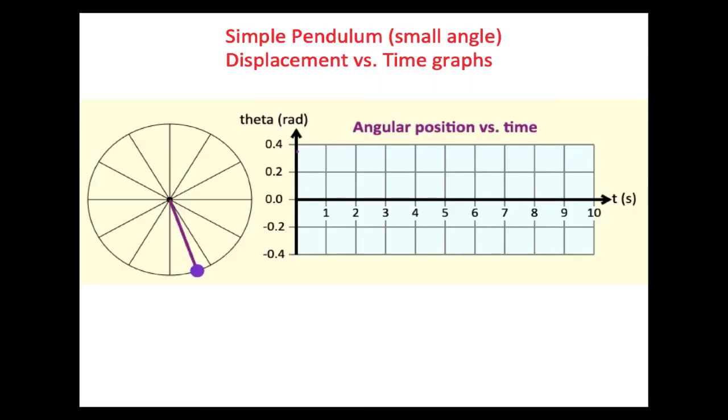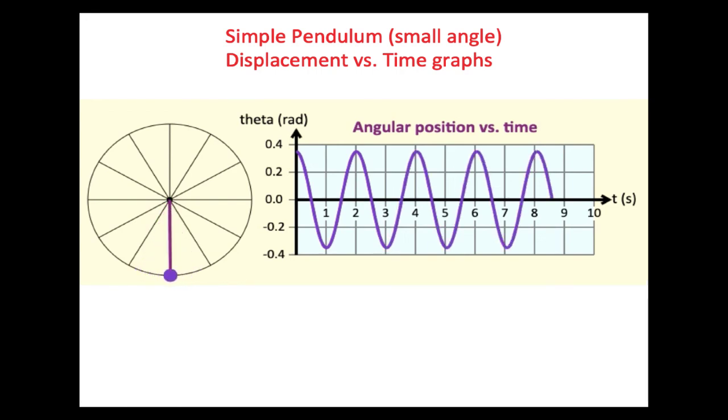We saw earlier that motion graphs of objects undergoing SHM have a sinusoidal shape. This holds true for a simple pendulum as well for small angles. By small angles, I mean angles less than 30 degrees. As the pendulum swung to and fro, we obtained this graph of angular displacement versus time, and it has a sinusoidal shape.